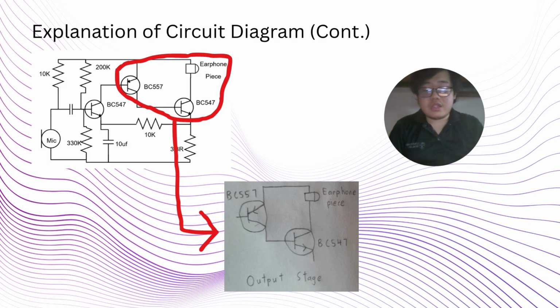That same transistor is the one to drive the earphone piece, because the earphone piece requires a strong current to move and produce sound, so the output BC547 transistor is able to supply enough power to it. Then, the earphone piece converts the electrical signal back into sound wave.